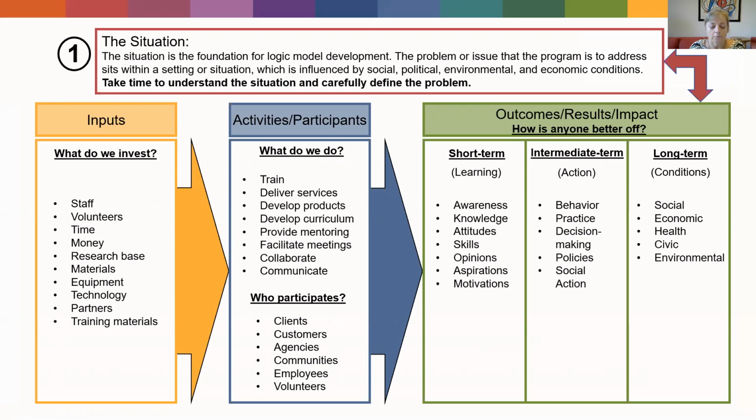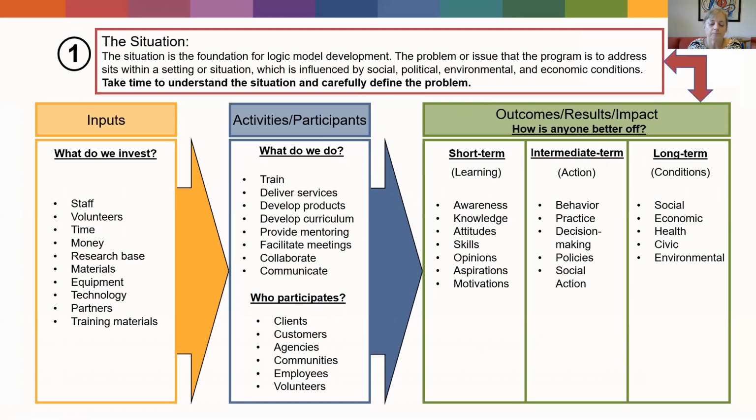So if you have thoroughly worked through the situation statement, you'll find that you already have defined your long-term outcomes or results or impact that you want to see. It may be sort of inverted, but they're there.